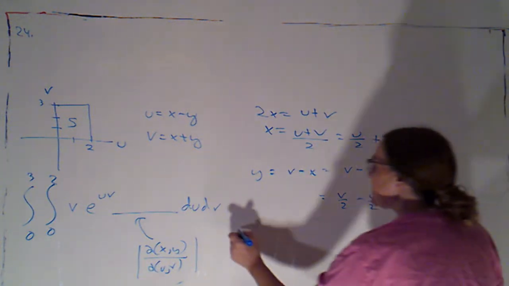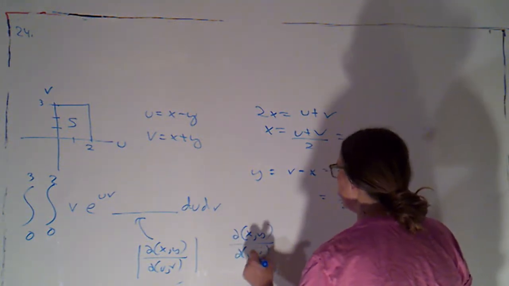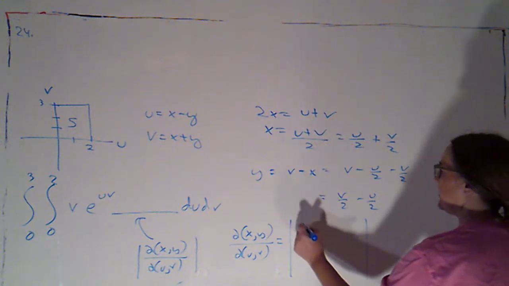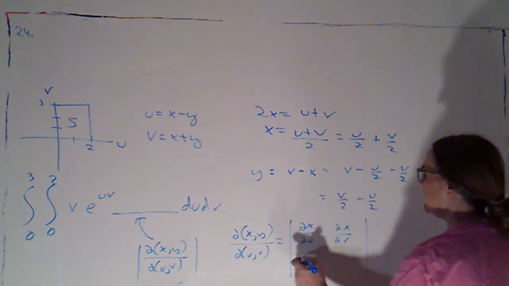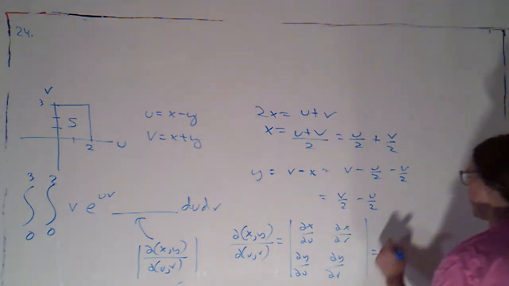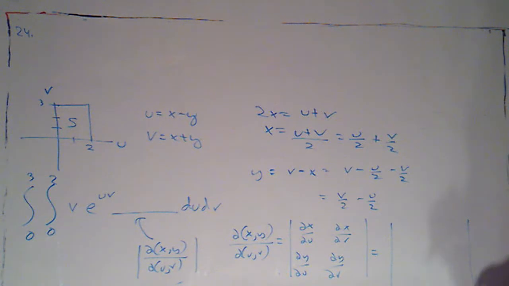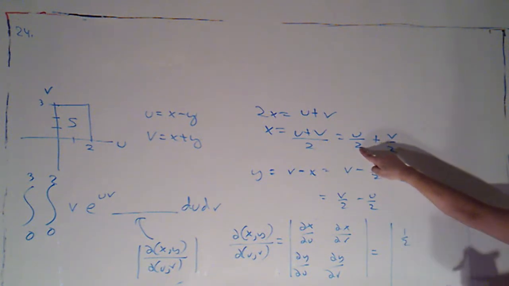So my Jacobian, del(x,y) over del(u,v), is the determinant of partial x partial u, partial x partial v, partial y partial u, partial y partial v. Let's see. This was x. Partial of x with respect to u is a half.